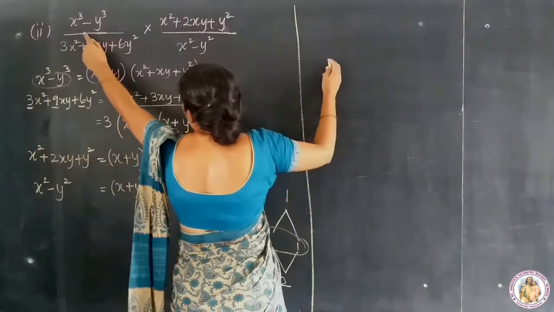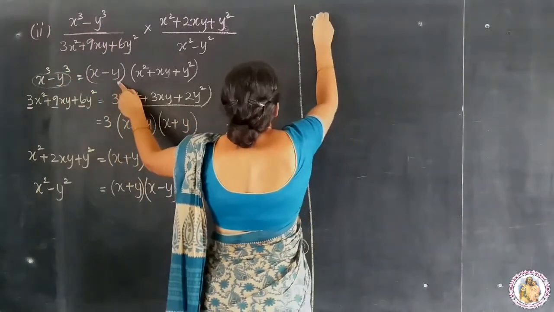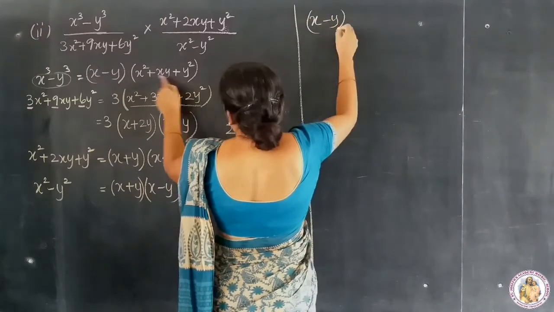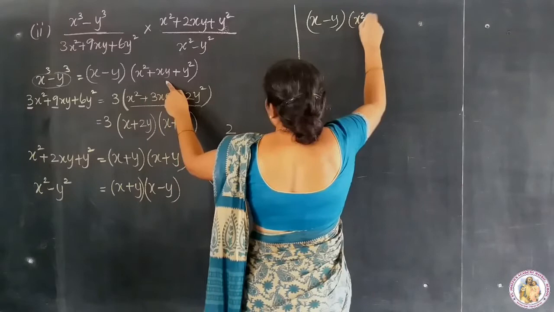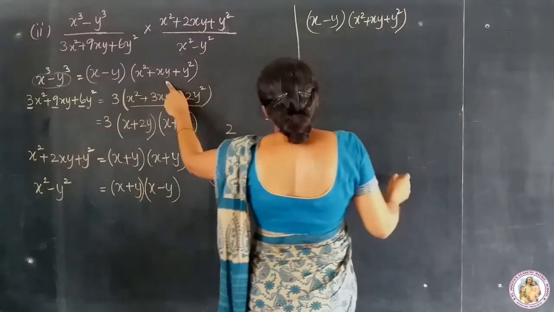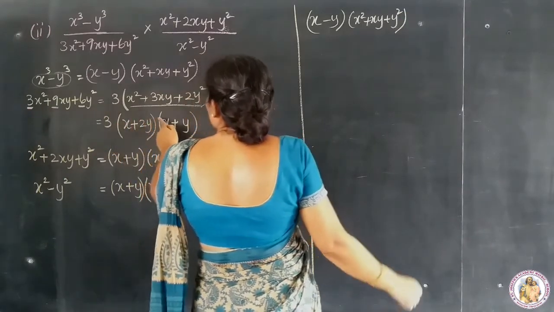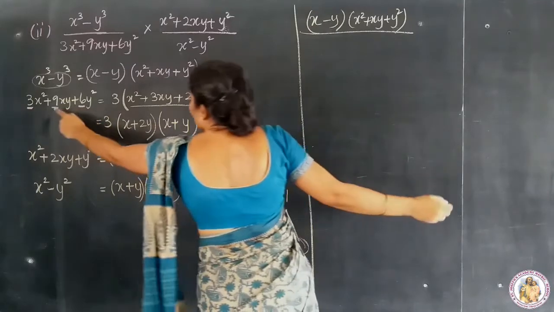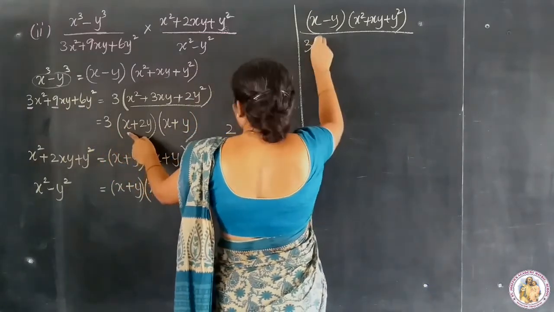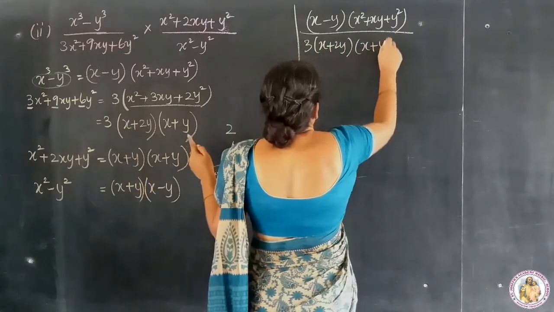simplify. So for x cube minus y cube, we get x minus y and x square plus xy plus y square. Okay, and here we have 3x square. For 3x square plus 9xy plus 6y square, we get 3 times x plus 2y and x plus y.